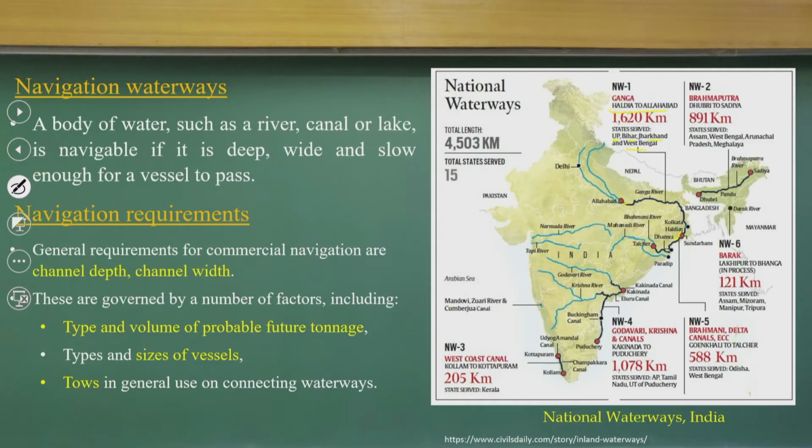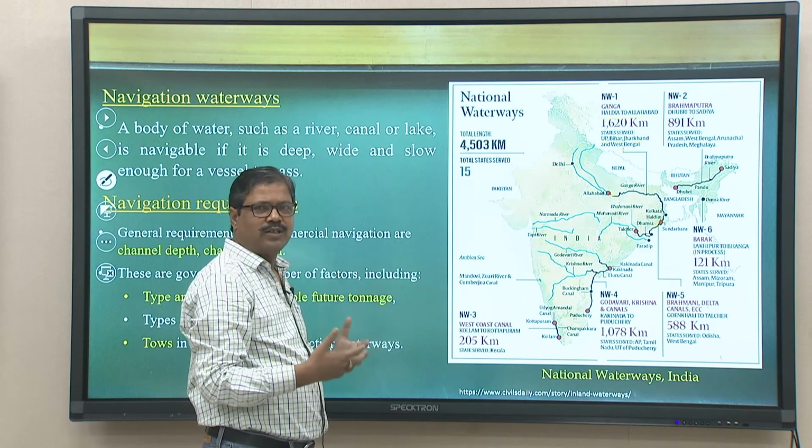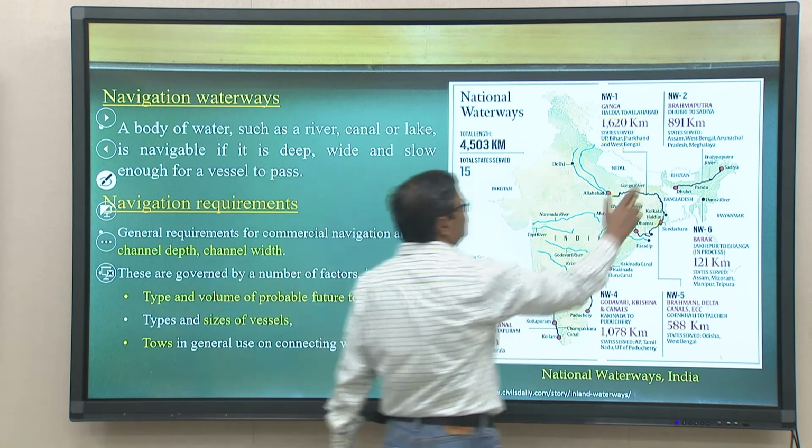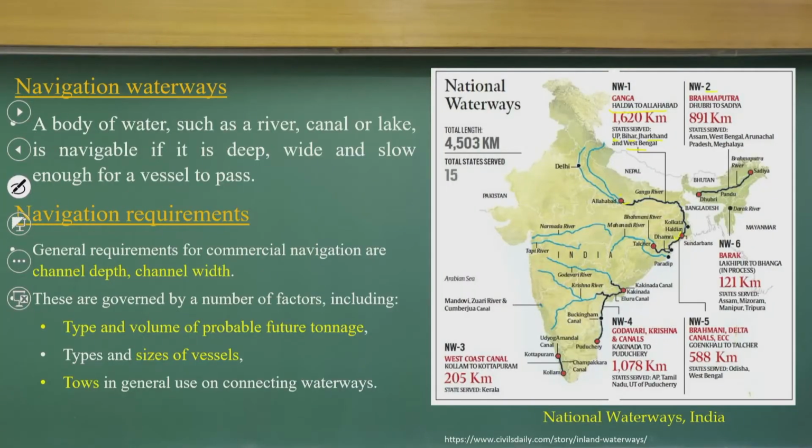In the same way we have National Waterway 2, the Brahmaputra river from Dhubri to Sadia, which is about 891 kilometers in length. That is the national waterway from Sadia to Dhubri. We also have National Waterway 6, which connects the Barak river, 121 kilometers.